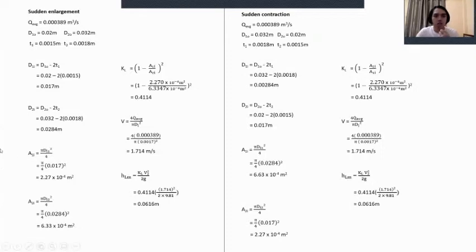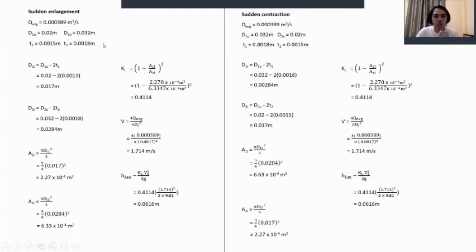First, the Q average of the sudden enlargement pipe is 0.000389 meter cube per second, the diameter is 0.02 meter, and the first diameter of the orifice is 0.02, and then the second one is 0.032 meter, and then T1 is 0.0015 meter and T2 is 0.0018 meters.